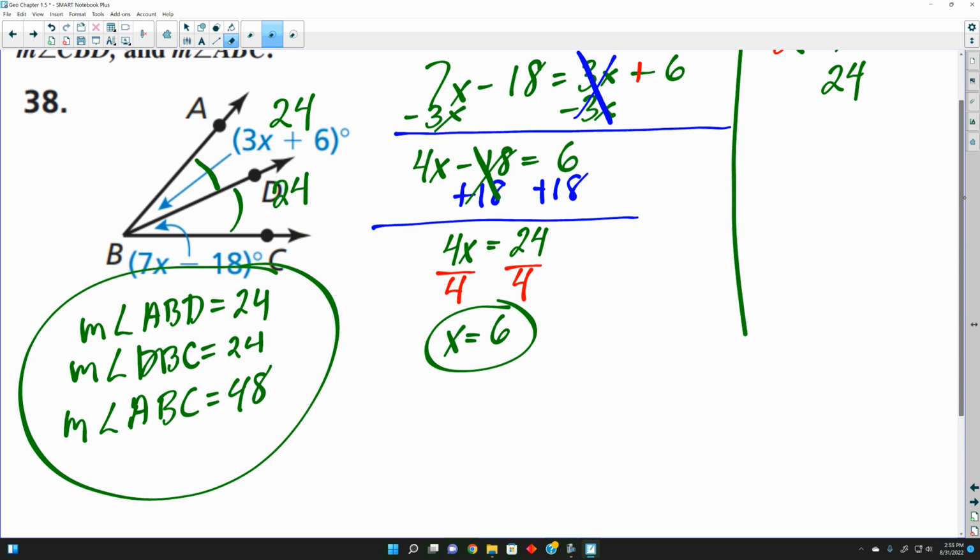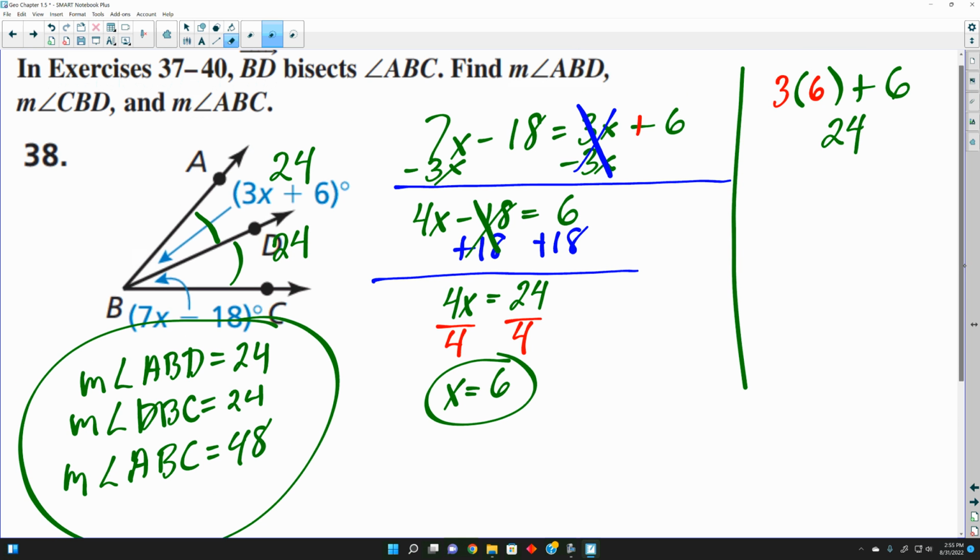Yes. So we plugged 6 into 3x plus 6, yes? Well, 3 times 6 plus 6 is 24, yes? So this one here is 24, which tells me that this is 24. Now, because it bisected, this one here is also going to be the same. And we could have done that. We could have said 7 times 6 minus 18.